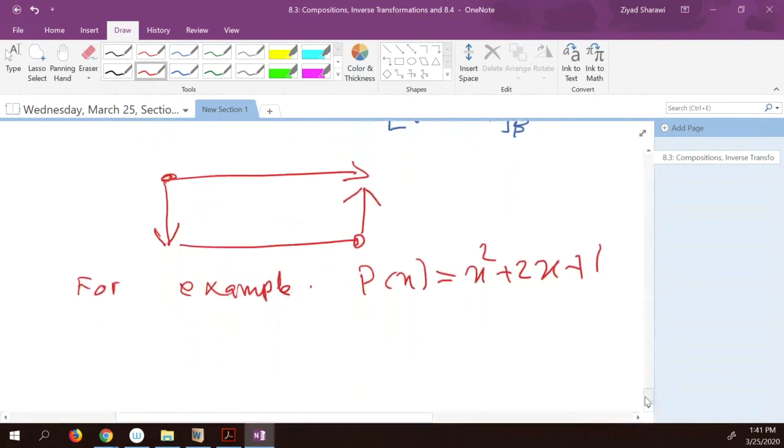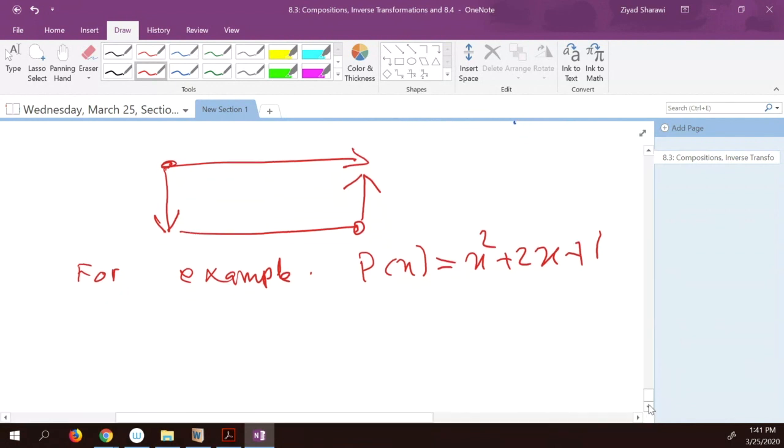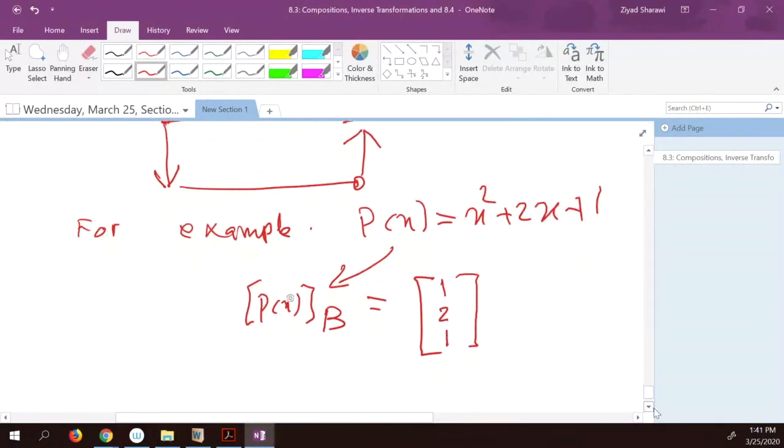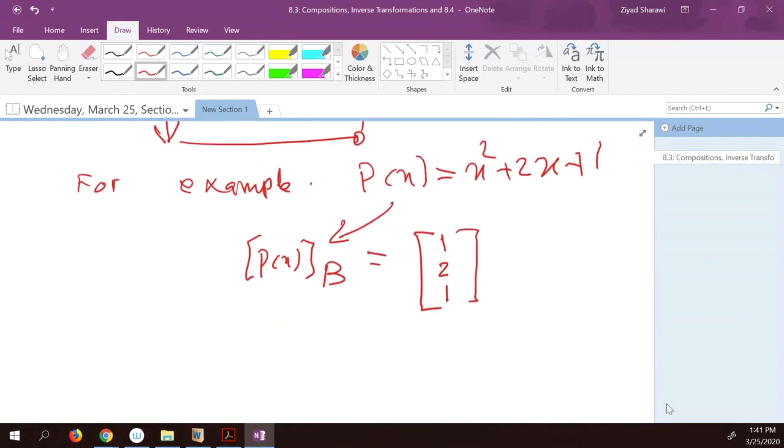So I took the first example you gave me. It was given by Tala. So now I can write the coordinate vector of this with respect to B. What is the coordinate vector? 1, 2, 1. Correct? All of you agree with me?